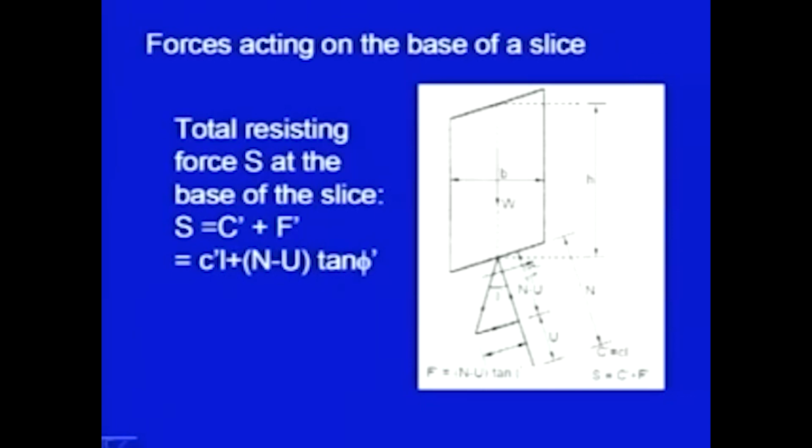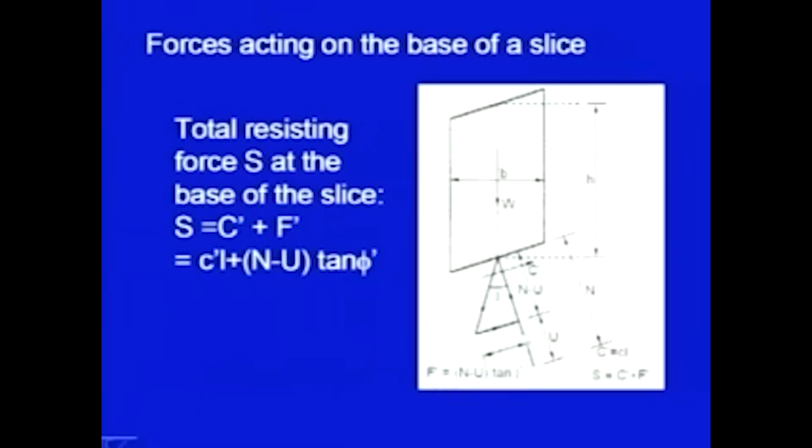So, what we have to do to get the frictional component is draw a line at phi dash angle. When you draw it, this much into tan of phi dash is this. So, this component F dash is (N minus U) tan phi dash.